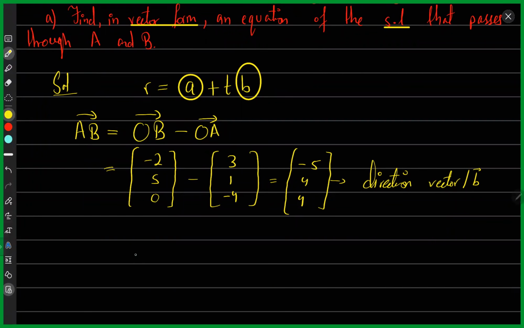It is going to be r equals (3, 1, -4) plus t into the direction vector that we have just calculated, (-5, 4, 4). And this is going to be the answer.